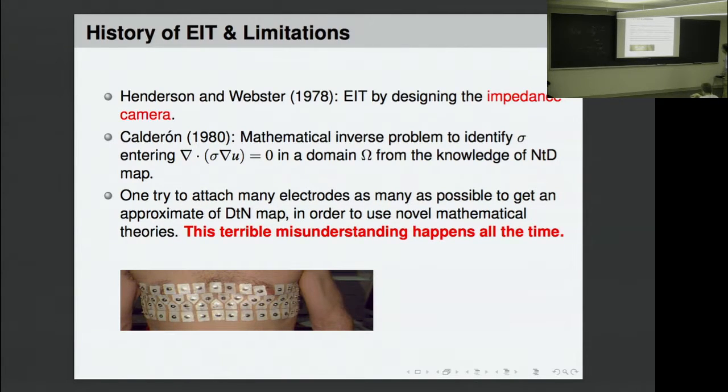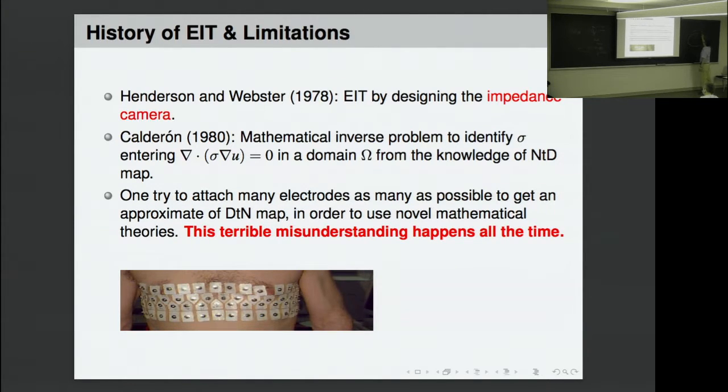Okay, here is the domain. Here is the electrode. In order to use the Calderon problem, let us attach many electrodes here. Why do you attach the electrodes?